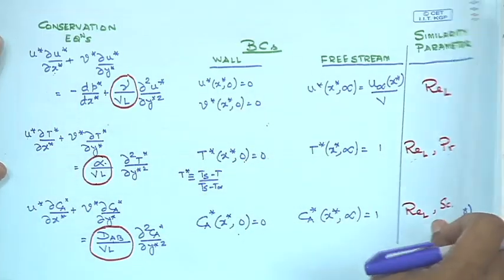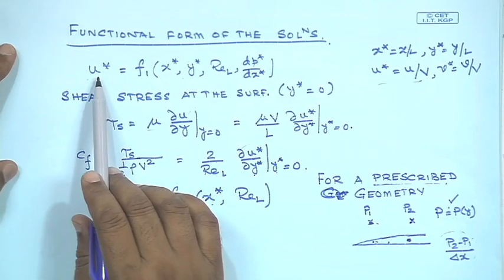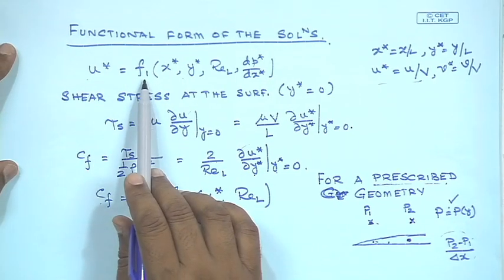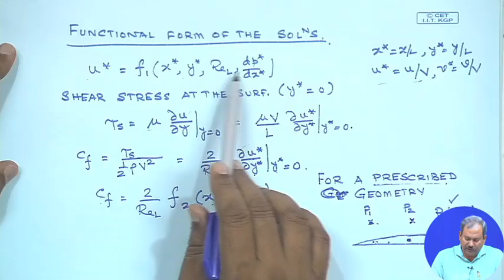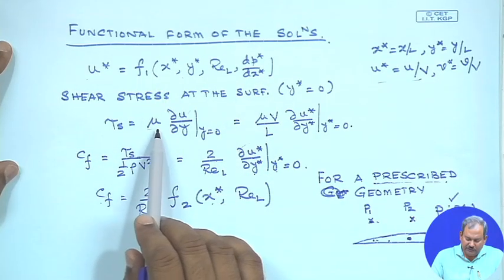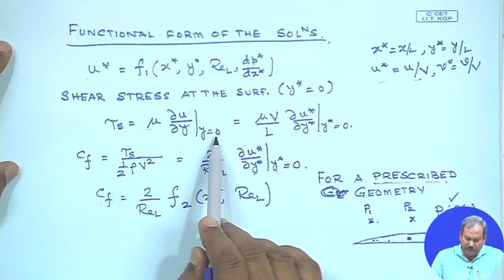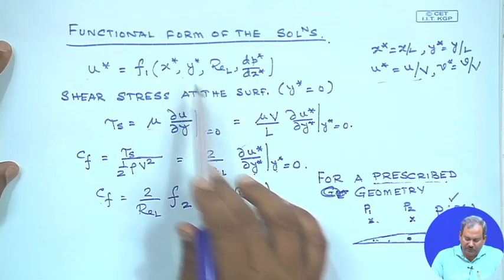So, with this we proceeded with the functional form of the solution. We saw that the velocity is going to be a function f1 of x, y, Reynolds number and dpdx, and the shear stress is the velocity gradient multiplied by mu at y equals 0, since I am specifying the value of y.